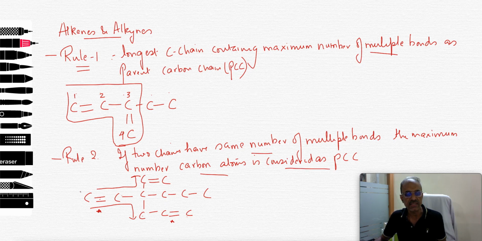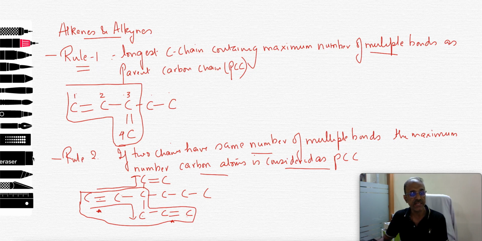So I will consider this as the parent carbon chain, because this has the maximum. First condition, it has the maximum multiple bonds, and then second condition, it has the maximum number of carbons. Fine.